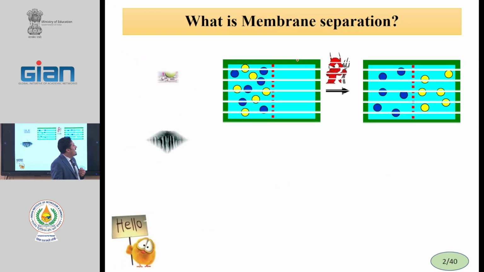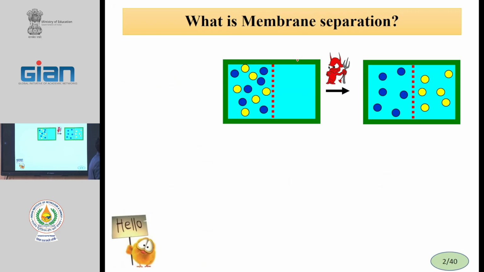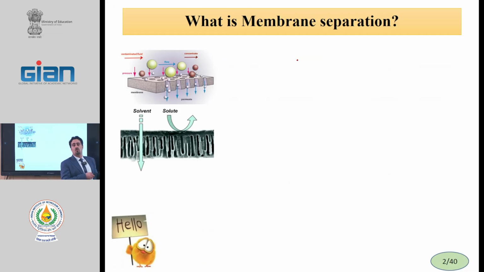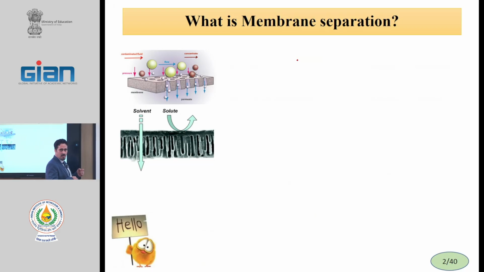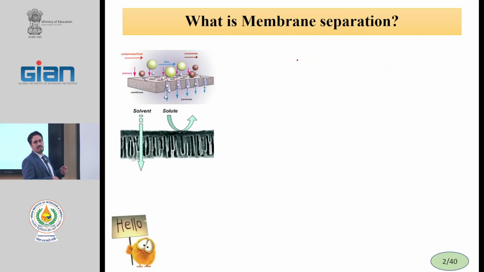This is a simple definition: we have a barrier, and this barrier is mostly a porous layer. But we have non-porous membranes also. Most membranes are porous.